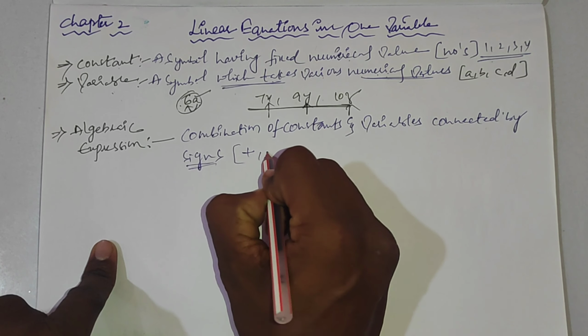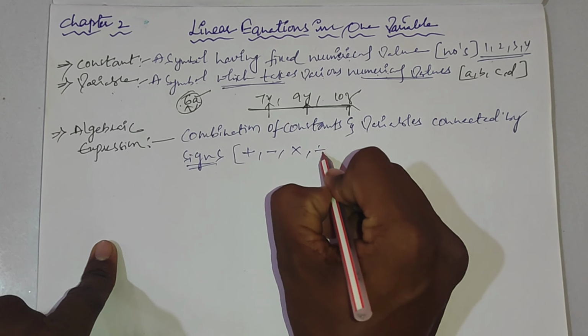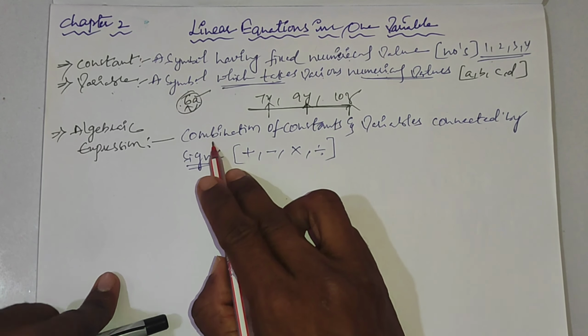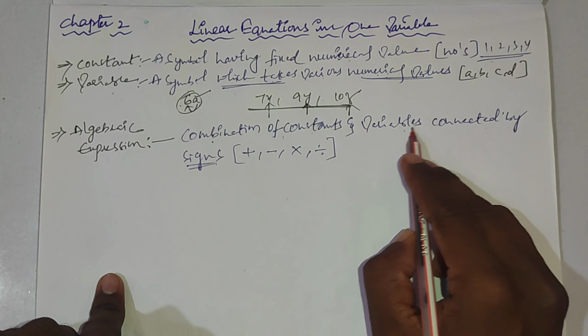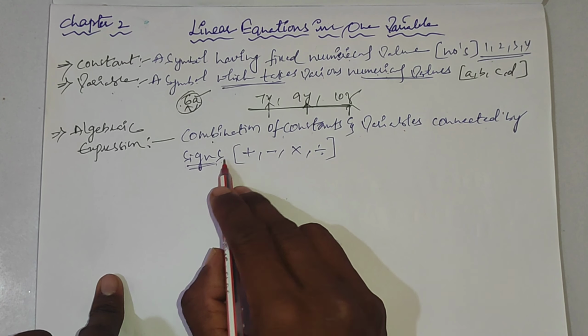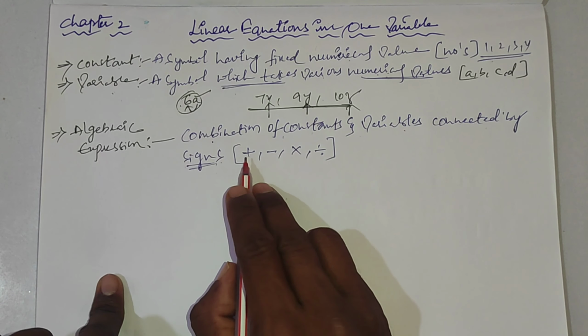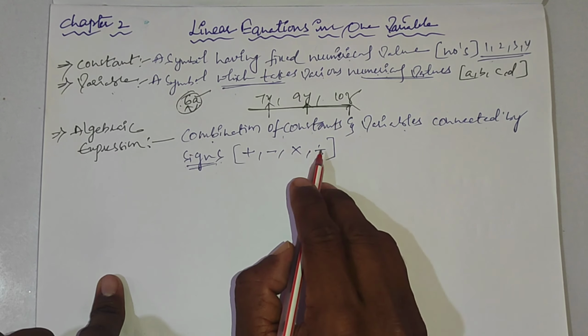Plus, minus, into, and divide. A combination of constants and variables connected by signs, the mathematical operators plus, minus, into, and divide, is known as an algebraic expression.